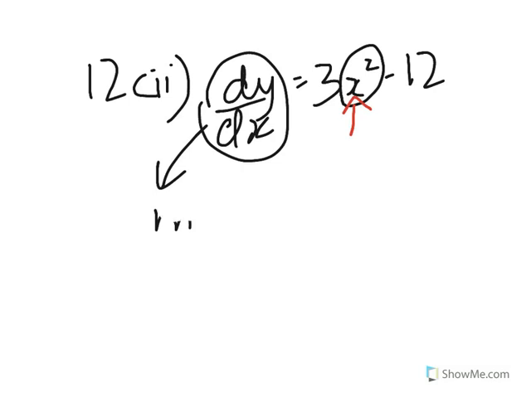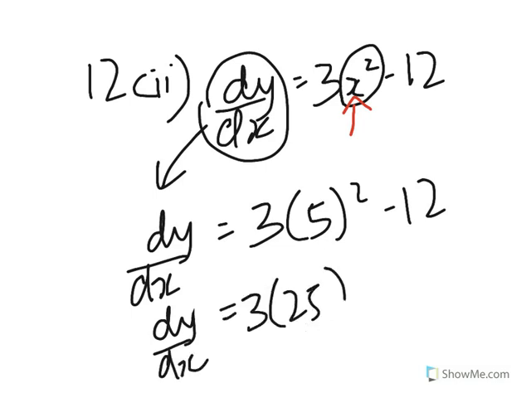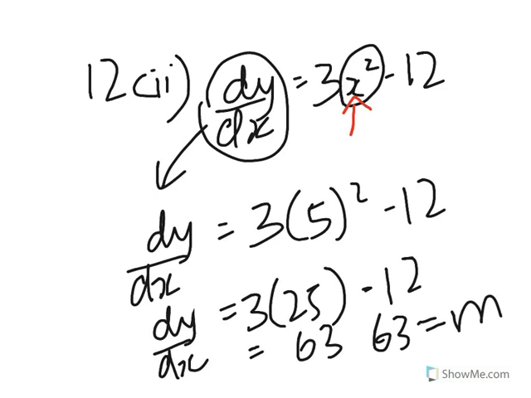So dy over dx is equal to 3 times 5 squared minus 12, which is 3 times 25 minus 12, which is 75 minus 12, which is 63. So 63 is your gradient m at that point 5.